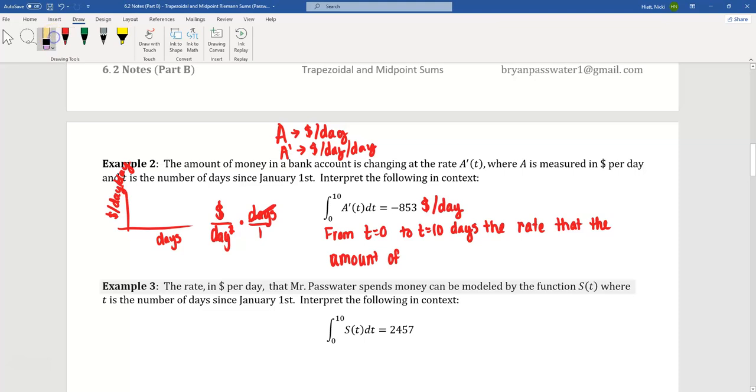Let's just call it the balance. The rate that the balance changes, that'll be easier to word. This is bad wording, so let's use decreases.